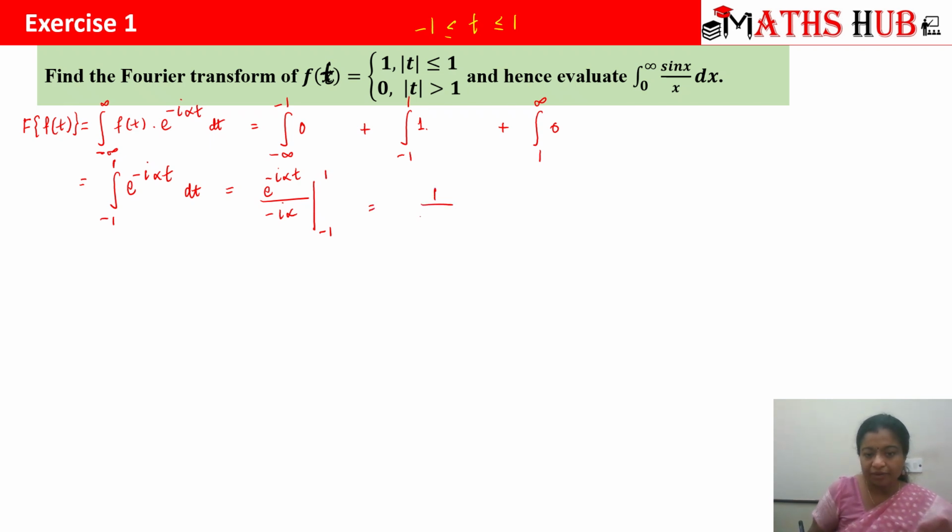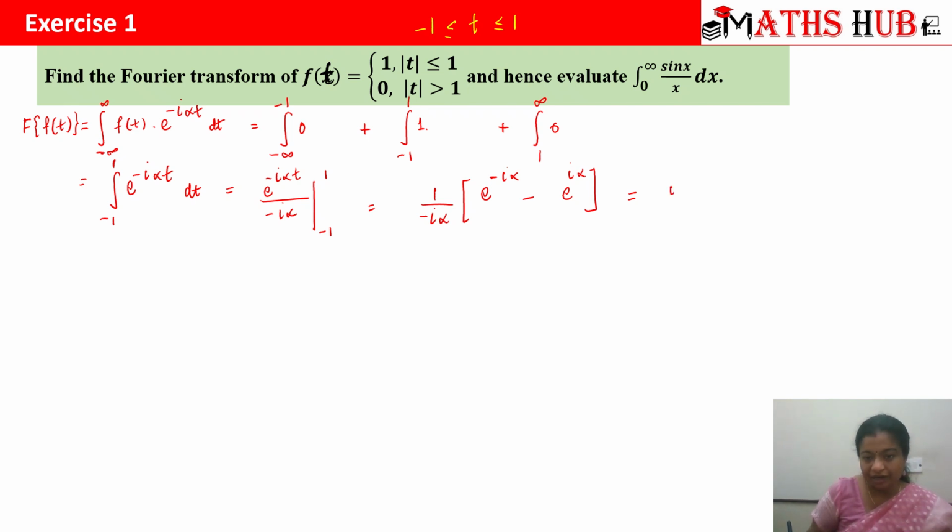So 1 by minus i alpha, I can take as it is. And now let me put the limits. So I will get e to the power minus i alpha, putting the limit in t, minus e to the power i alpha, right? So I can adjust this minus sign and take i in the numerator by multiplying and dividing by i.